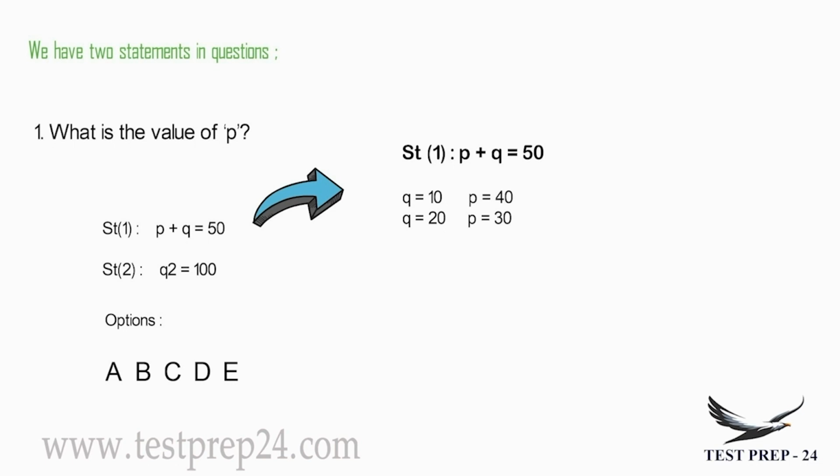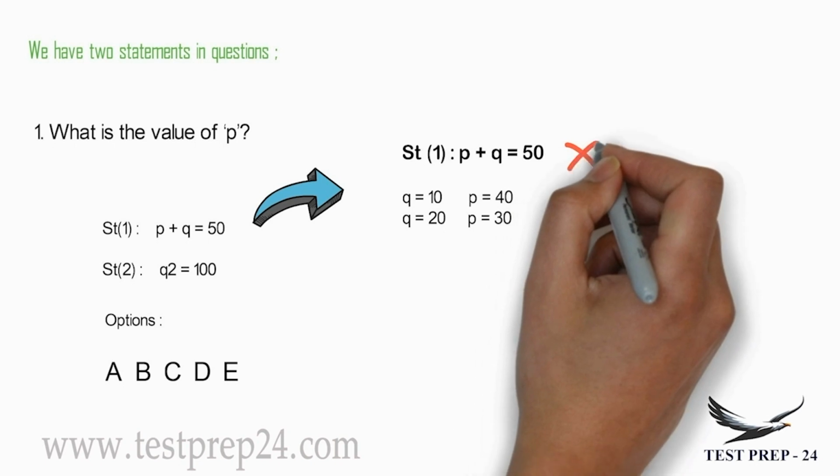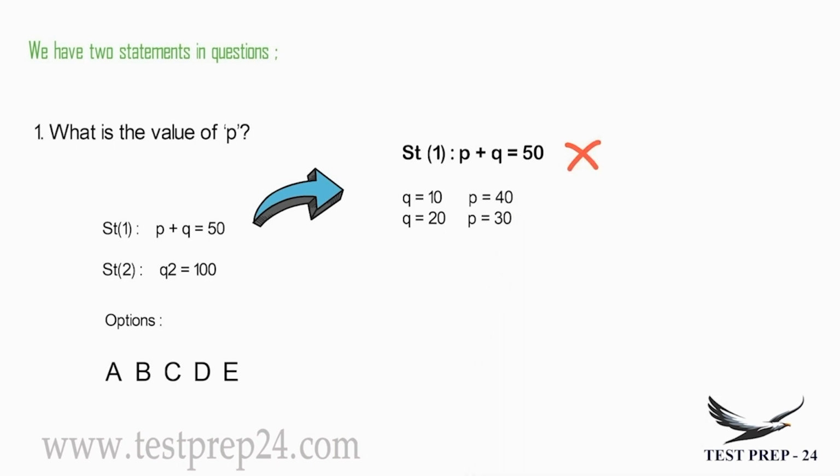Here it is asking what is the value for P. So 40 is also a possible answer and 30 is also a possible answer. So there are two possible answers. Hence I can say that statement 1 alone is insufficient. And as I have told you, when statement 1 alone is insufficient, which options can you straight away eliminate?